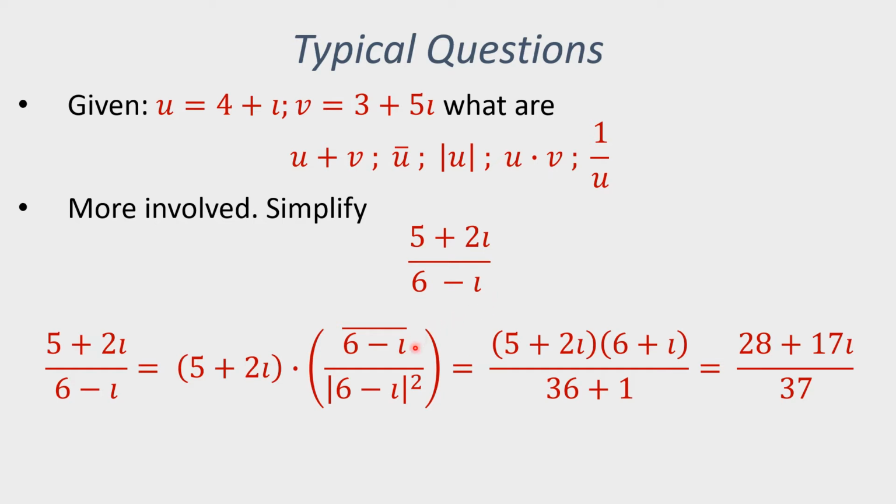So we take the conjugate of 6 minus i, we divide it by the size of 6 minus i all squared, and that gives us this expression here, which simplifies to 28 plus 17i divided by 37. The denominator will always be a real value. When we're simplifying expressions like this, the denominator will never be a complex number or a number involving i.